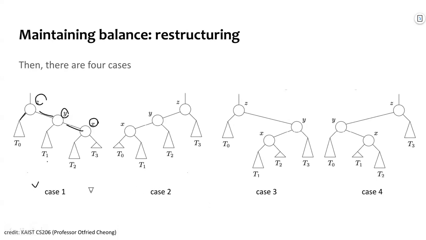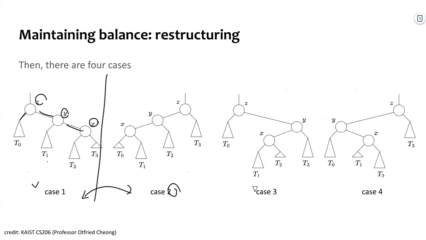However, case 2 is the mirrored case of case 1. So if you mirror case 1, then we can reach case 2. So in fact, we have technically two cases. However, if we differentiate the mirrored case as a different one, then we have four cases.